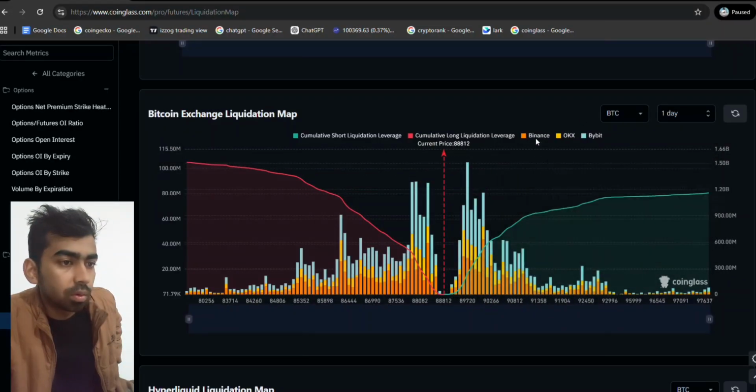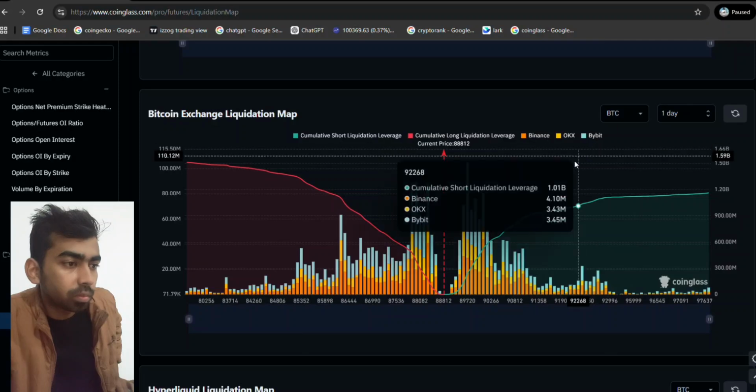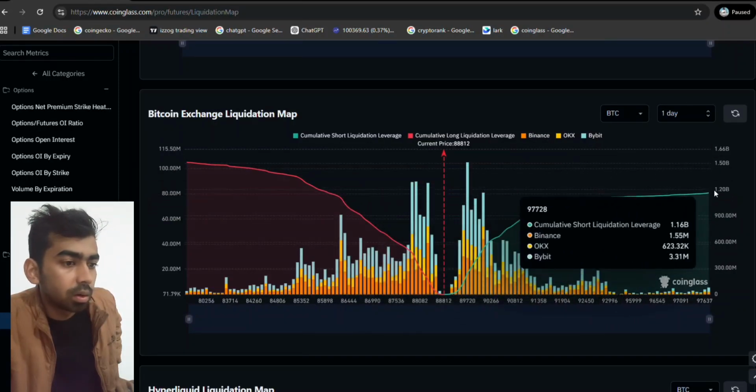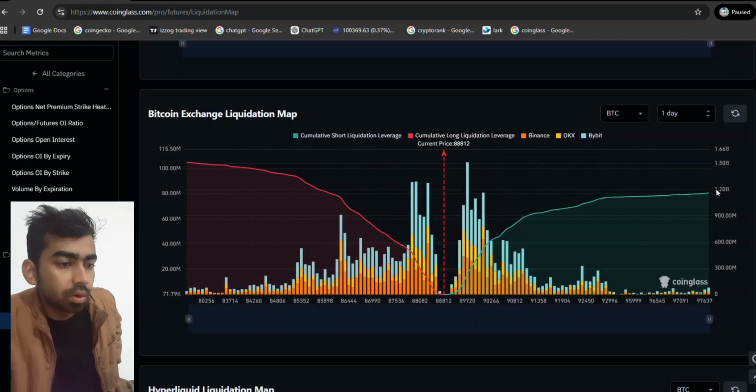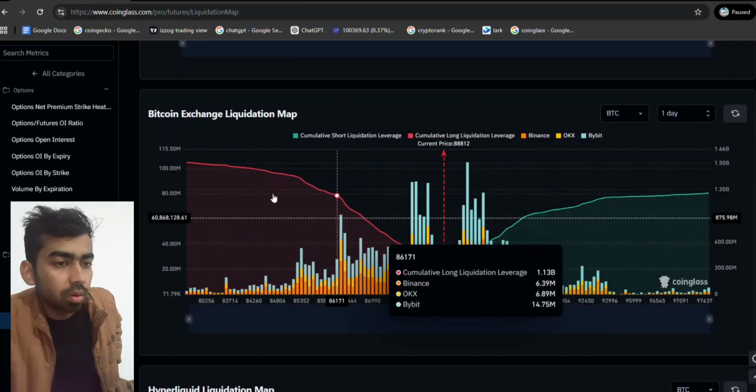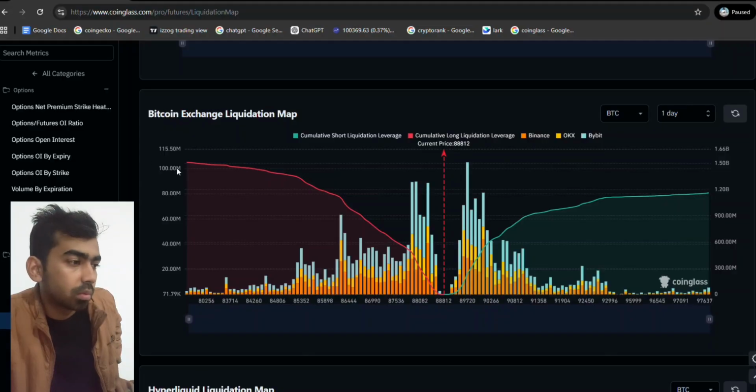And it is only for Binance, and overall, Binance, OKX, Bybit. Look at that. If BTC tries to reach upside, $1.2 billion will be liquidated, and if BTC goes downside, at most 100 million for right now.